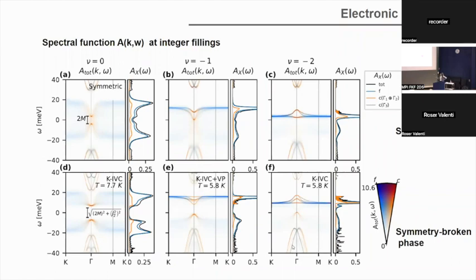So first of all, let me remain for a moment in the symmetric phase and at these integer fillings. What one observes at these integer fillings is that this is not a Mott insulator. There is always an incipient weight, which is what I was showing to you previously, which is related to the topology of the system.